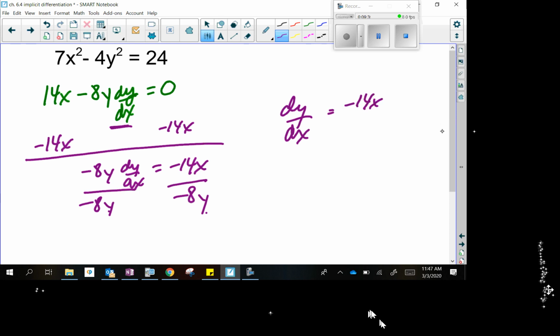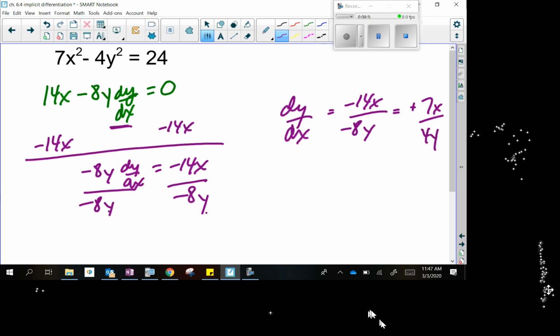So we get negative 14x over negative 8y. Now, again, we do want to simplify as much as we can. So what can we do to that? Positive, what? 7x over, taking out 2, 7x over 4y.